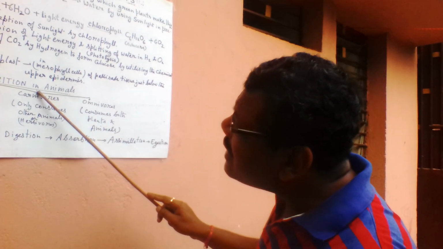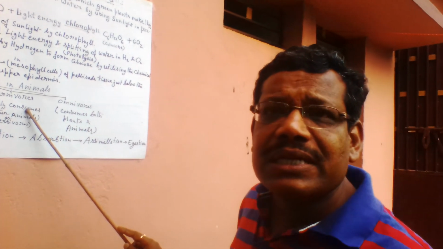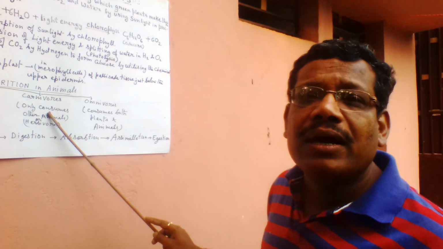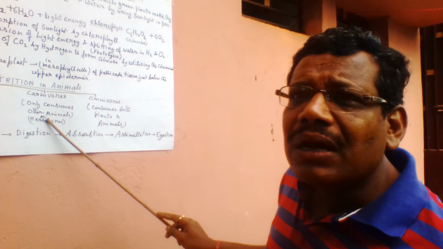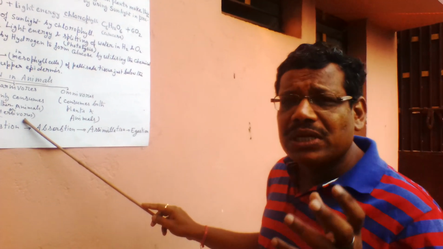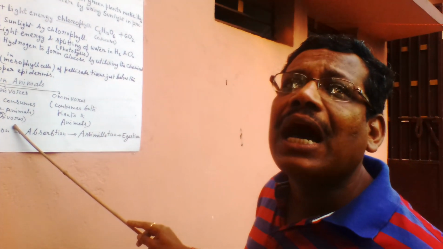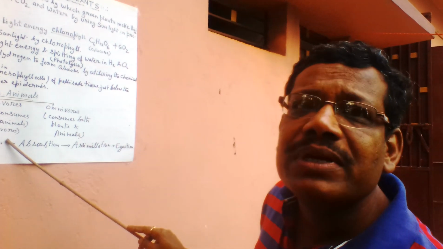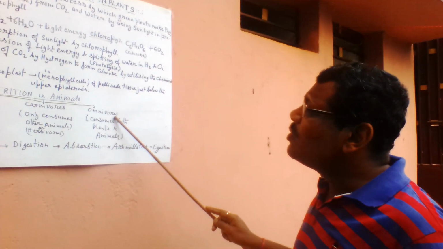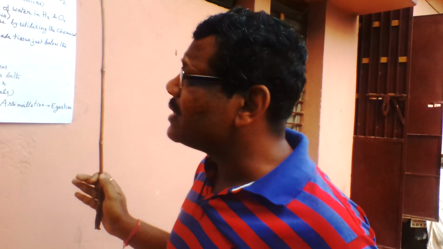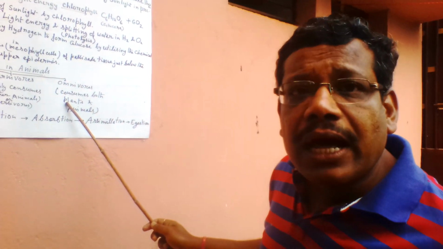Whereas in carnivores, the alimentary canal is very short, because they only consume animal proteins. To digest protein, you do not need a large digestive system or alimentary canal. The omnivores also have a shorter alimentary canal.